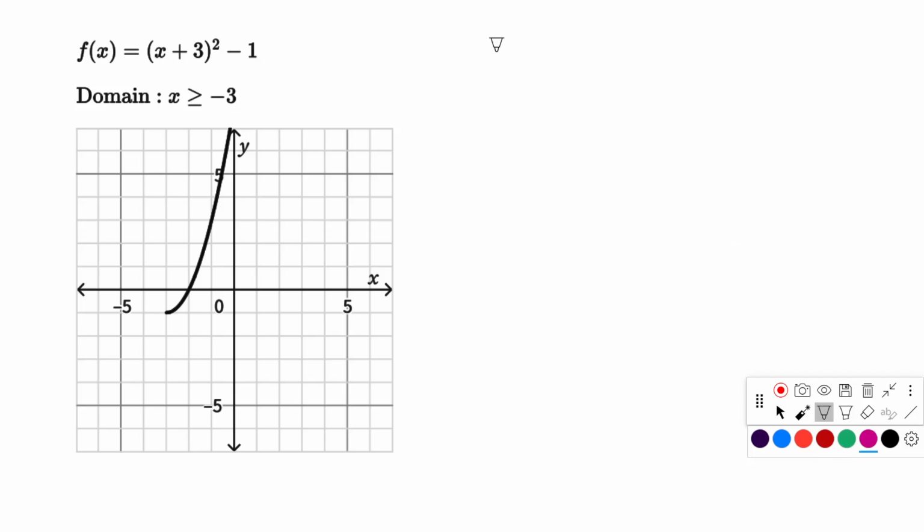So I'm going to begin by writing this as y equals x plus 3 squared plus 1. And then I'm going to switch or swap the x and y. So it's going to be x equals y plus 3 squared plus 1.